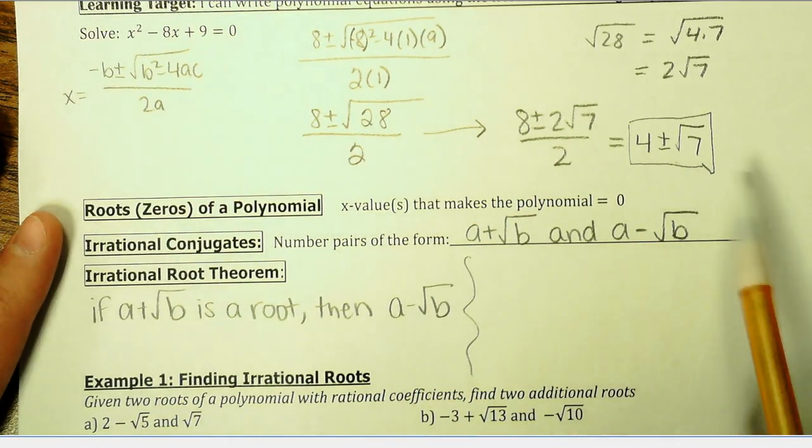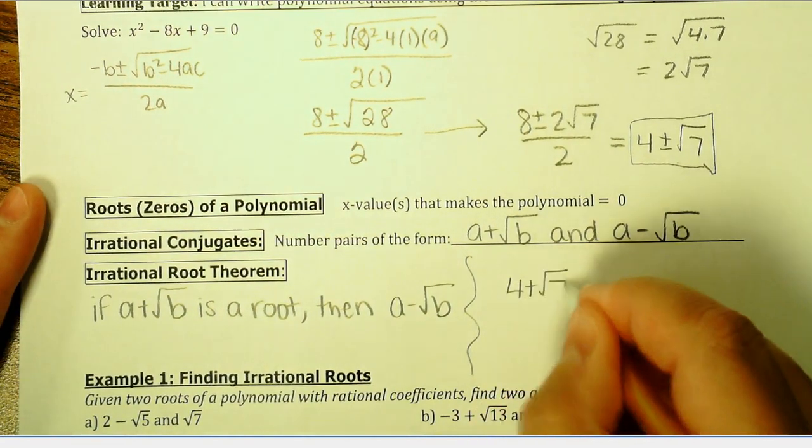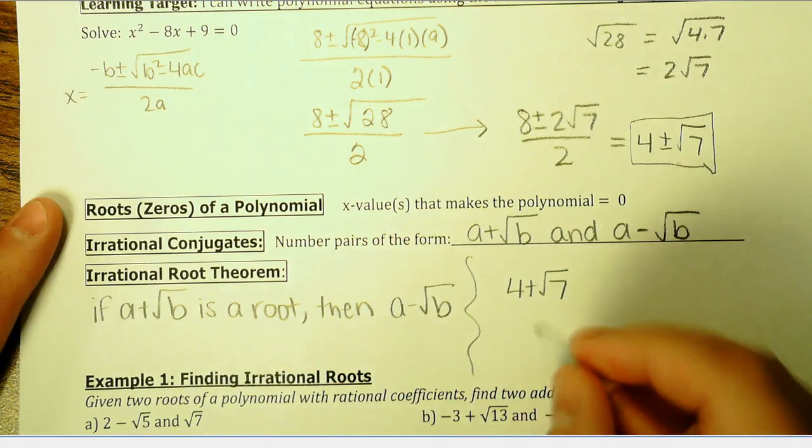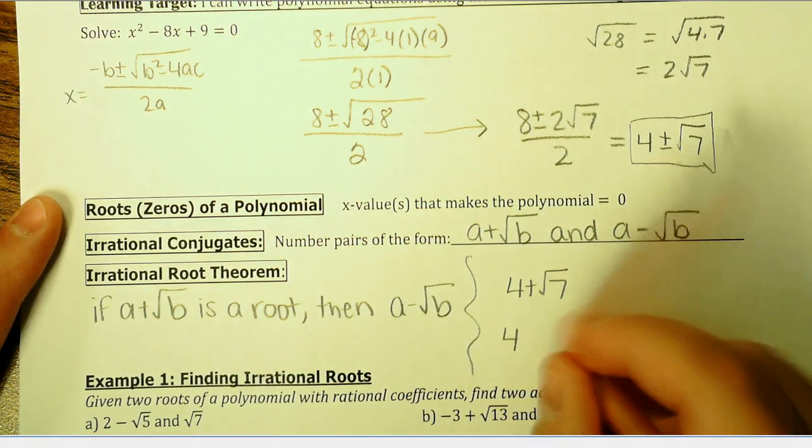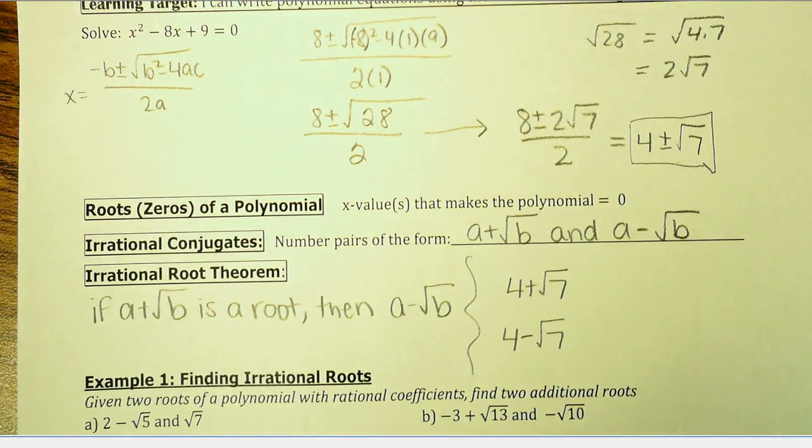This relates back to my example: if 4 plus the square root of 7 is a root, then automatically, because of that plus or minus we get in the quadratic formula, its conjugate is also a root.